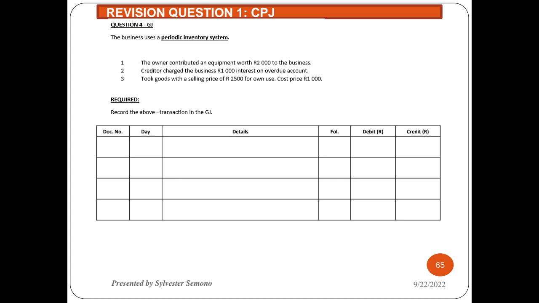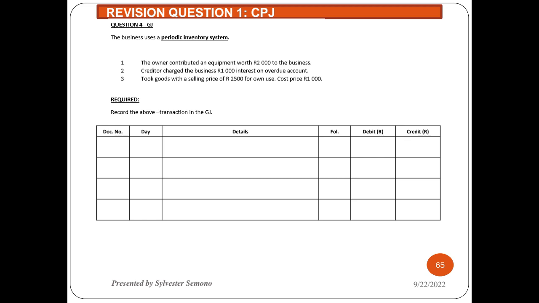Equipment. Capital. Capital and Equipment. I'm not gonna need a lot from you. Just tell me, between equipment and capital, which one is debited and which one is credited?